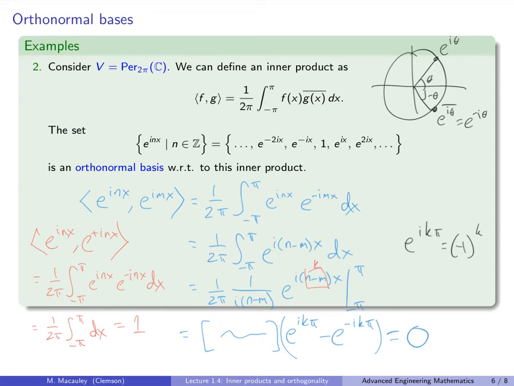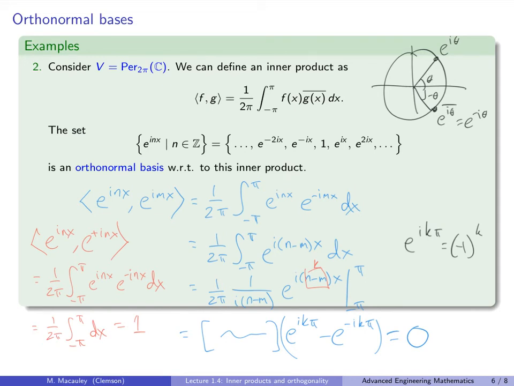So indeed, it was pretty easy to check that this collection of functions is orthonormal. Now what's not obvious is that it's actually a basis, in other words, that this actually spans this set of functions. There are a lot of details, we will go into them later, and there are a few minor details that we are sweeping under the rug because this is an infinite dimensional vector space.